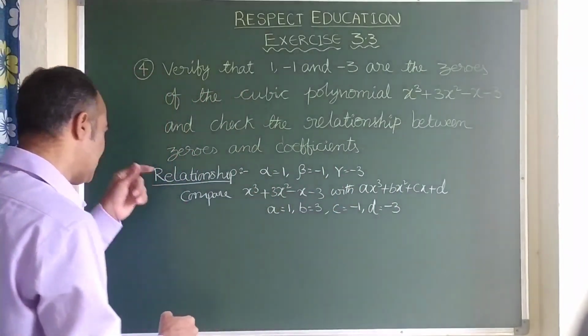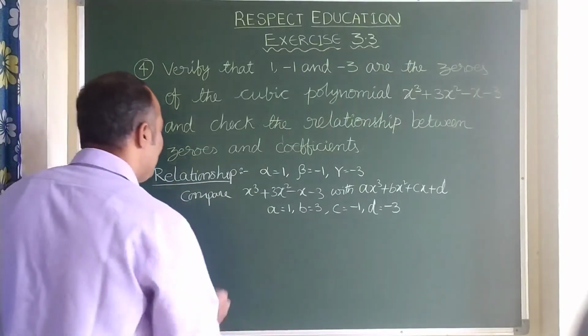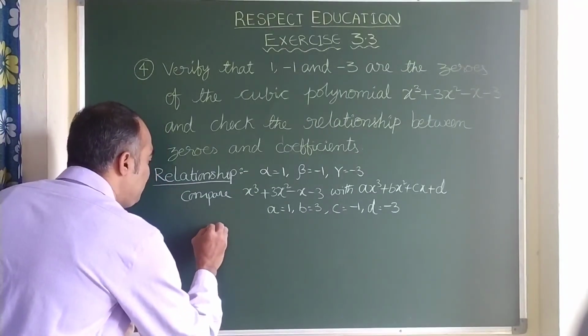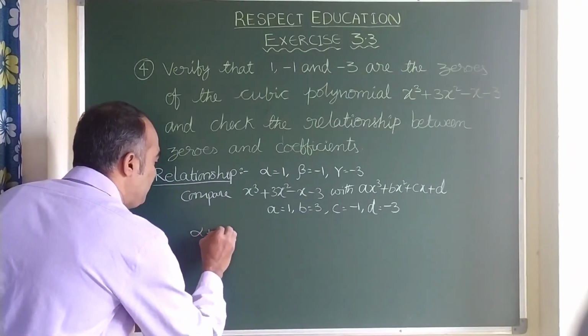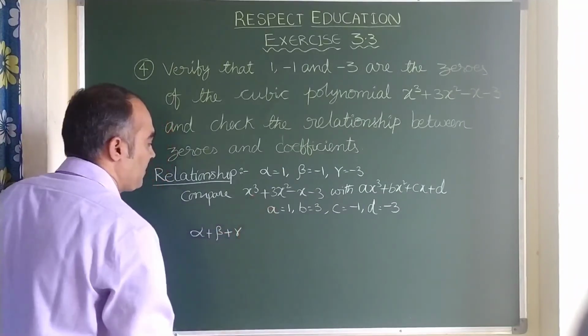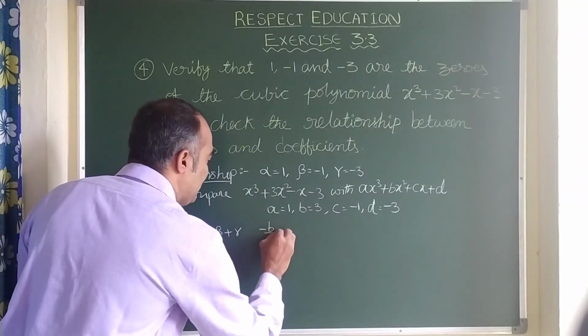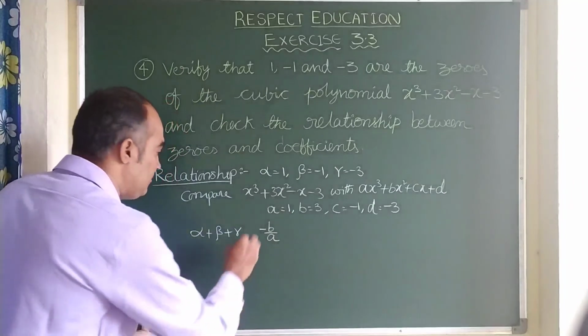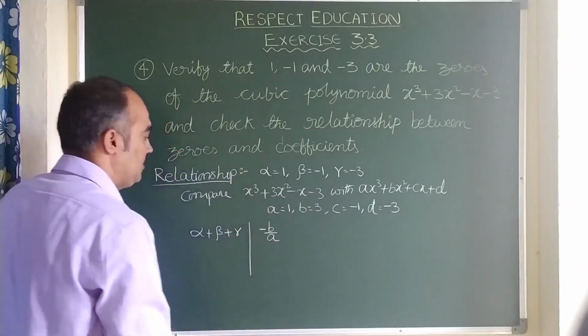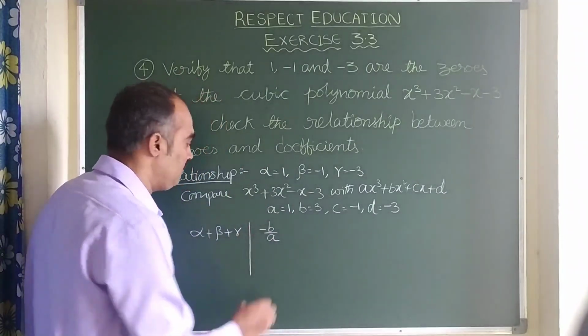Now we are going to establish the relationship between them. First, alpha plus beta plus gamma, its value is minus b by a. We are going to verify whether it follows or not. So that's why here we maintain a partition.